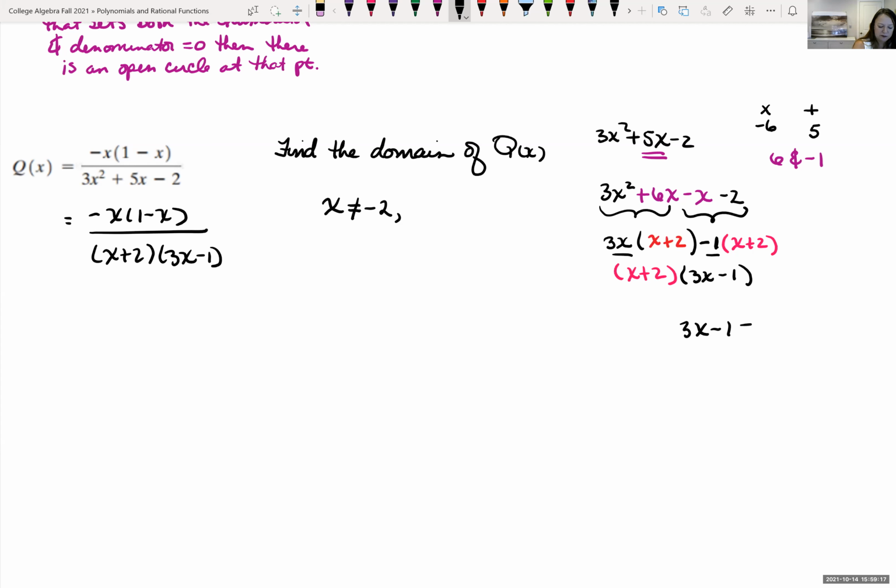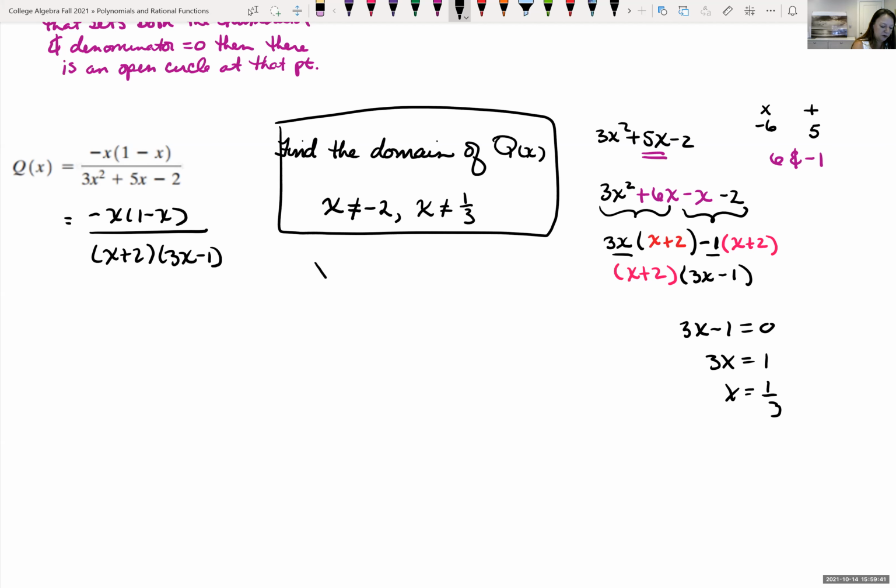Well, if I add 1 to both sides and then divide by 3, I get x is 1/3. So x cannot be 1/3. So I would look to see, are those values that set my numerator also equal to 0? And they aren't. And so those then are vertical asymptotes. I'm going to call it VA.